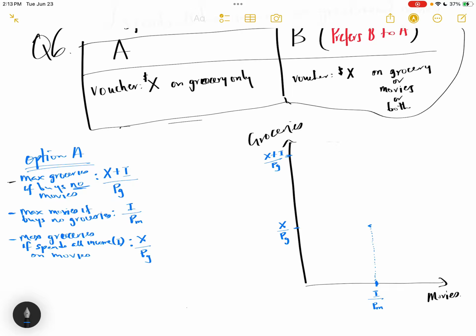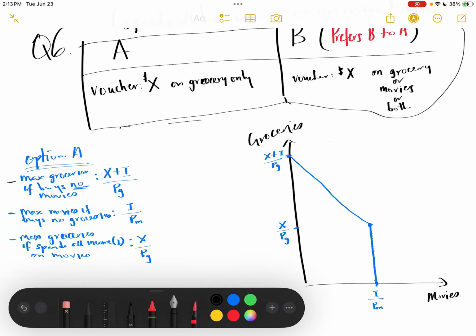And so you can see that there is a kink in the budget line that we just deduced out of option A. So let's draw it. It has three points. There are 3 points to connect here. So that's the first one, point 1 along the grocery axis, point 2 out here in the middle of the graph, and then we connect the rest of it. This is the budget constraint under option A. Okay.